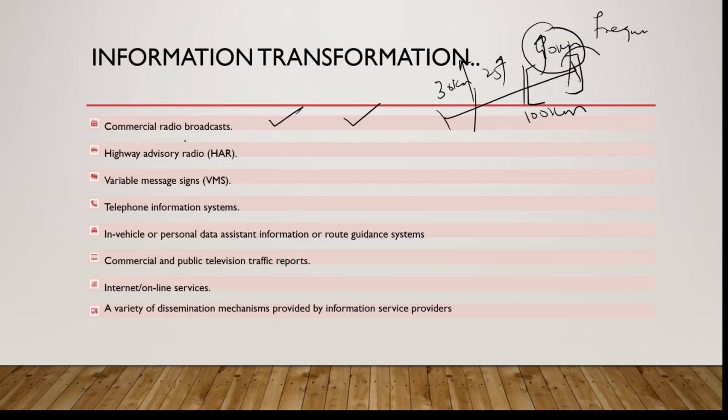We also have highway advisory radio systems. We can also send our messages through the VMS system. A telephone information system is also possible. For example, in Canada or the US, on the longer routes, they have Freightliner. That specific company provides all those services.